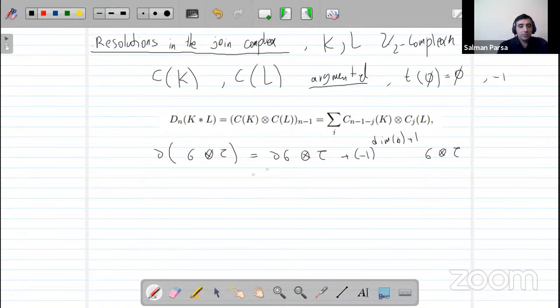Simply you should think of this as the join of sigma and tau, and you write the standard formula for the boundary of the join.